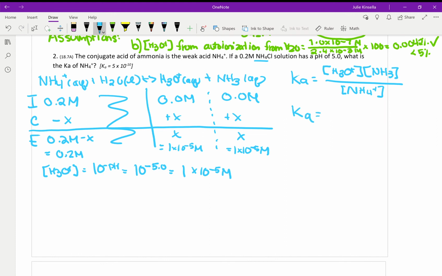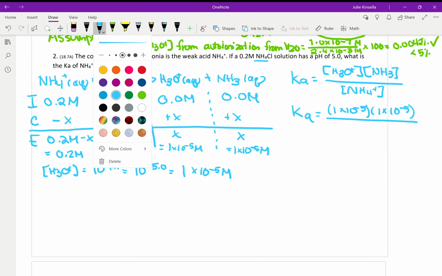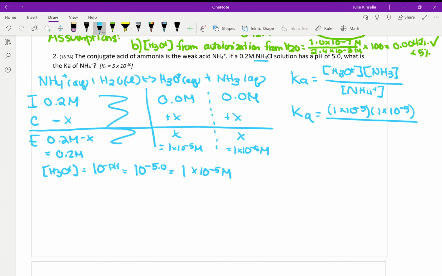So our Ka is going to be 1 times 10 to the negative 5 over, oops, sorry about that, over our initial. Okay, and then keeping with the 1 sig fig that we have going on here, we end up at 5 times 10 to the negative 10. And that would be our final answer there.